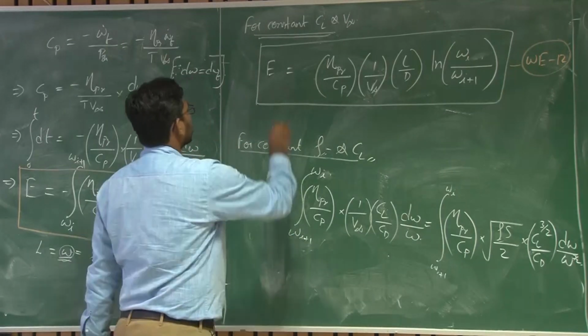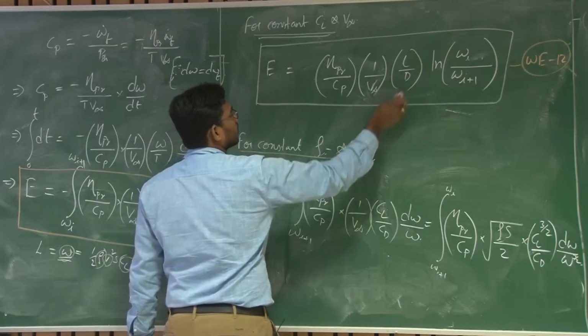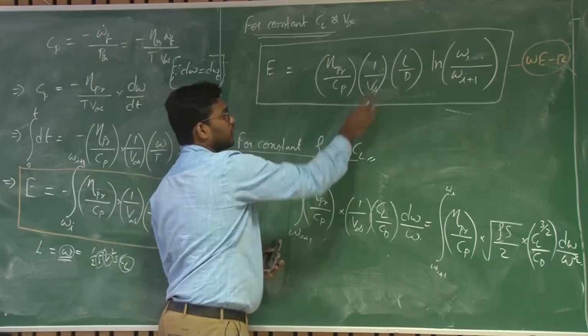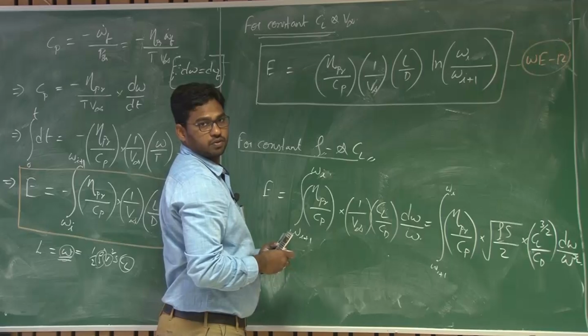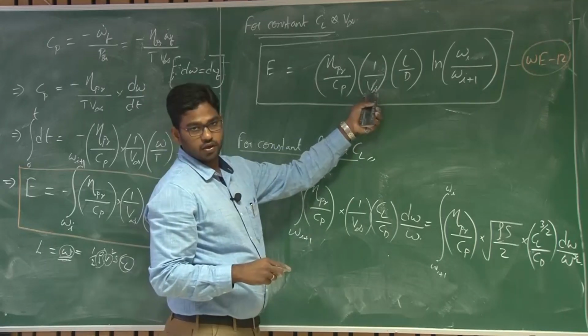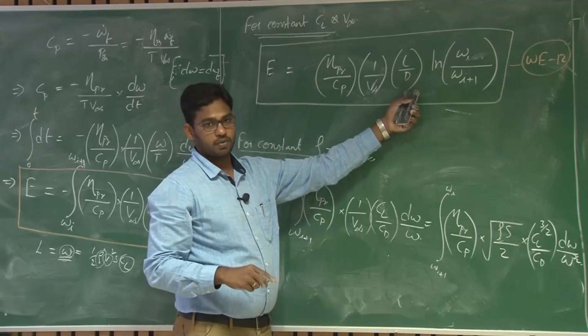So when this endurance can be maximum, in this case you have to fly at L by D maximum. So the corresponding velocity is V for L by D max, right. You should fly at the velocity where L by D is maximum.